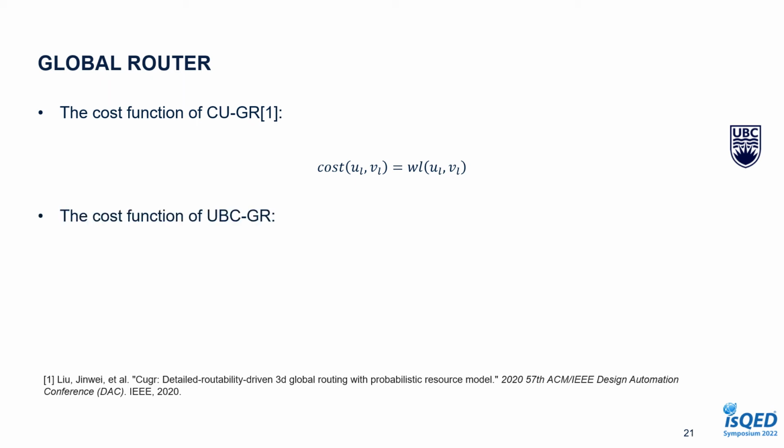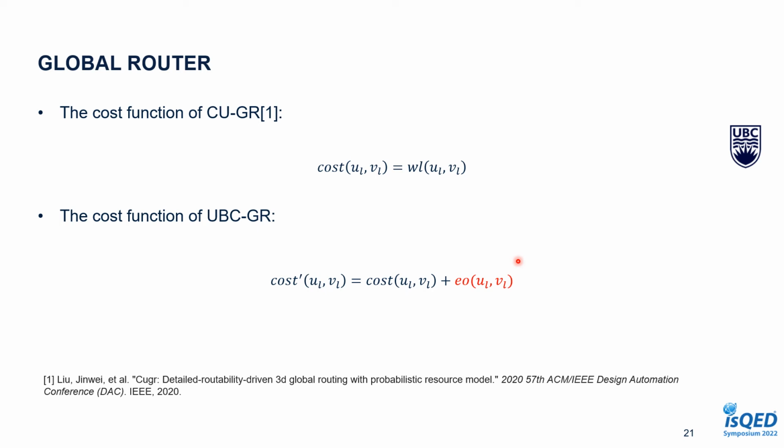And what we did was that we add another term, estimated overflow, to the end of the CUGR cost function. And this estimated overflow is related to the predicted congestion.